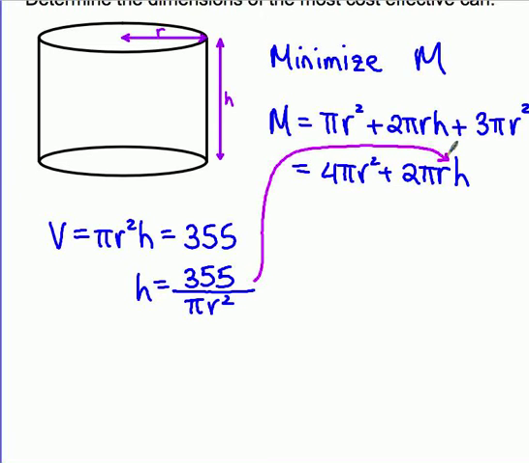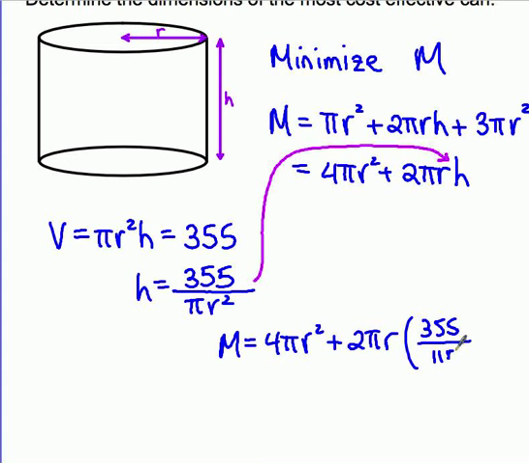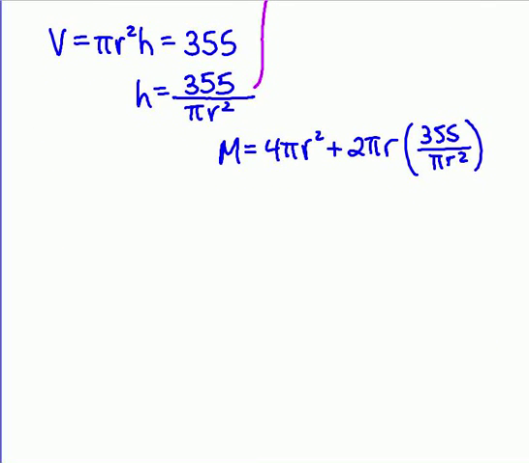in for that h. And so my final formula becomes M equals 4 pi r squared plus 2 pi r times h, which is now 355 over pi r squared. It would probably make sense for us to try and clean this up as much as we can before we take the derivative.